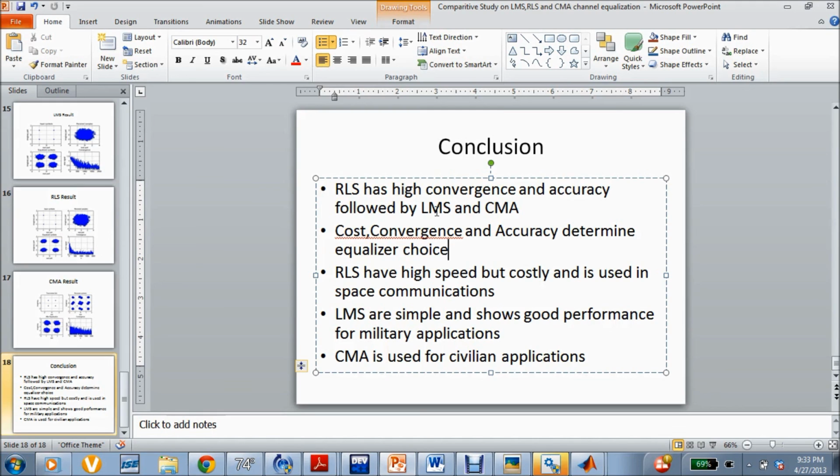That's the reason for choosing it. The LMS algorithms are used in military applications because they have reasonably good accuracy and are also moderate in cost. CMA, due to its unique channel initialization conditions, is used only for specific purposes because the accuracy is also not up to the mark. So it is mainly used for civil purposes, like normal people talking on the phone.